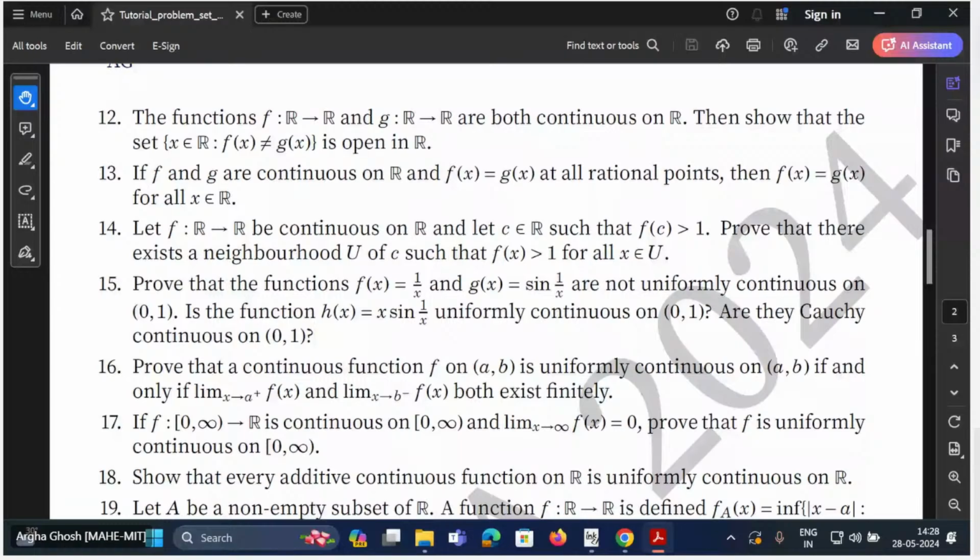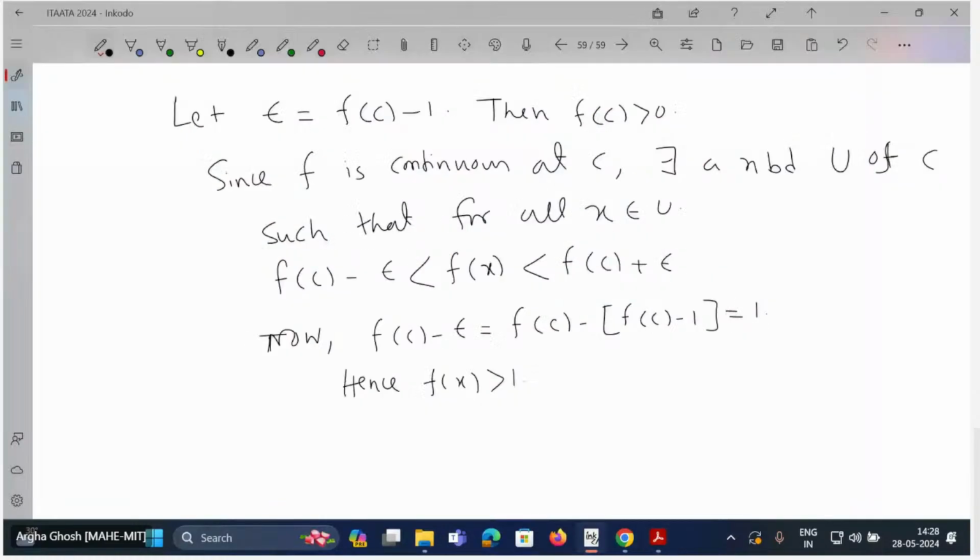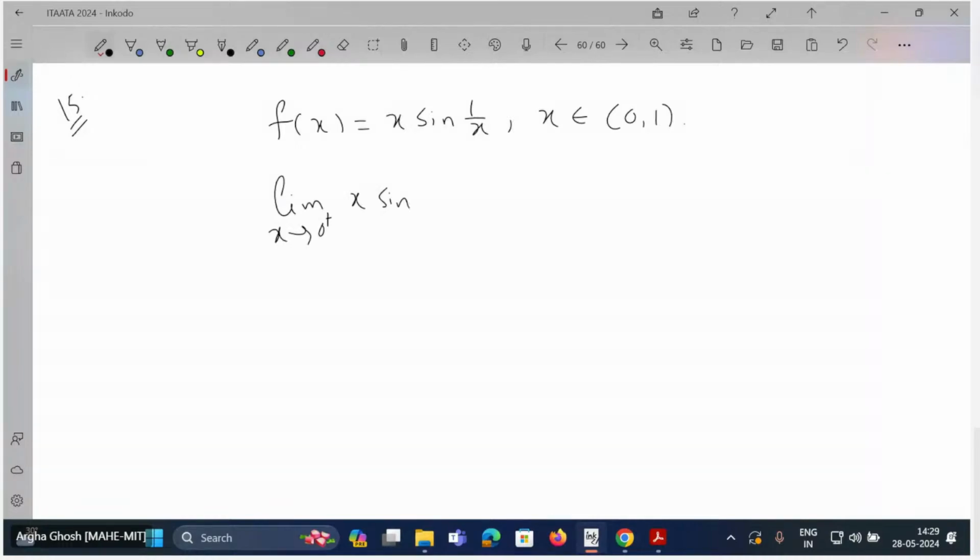If this right hand limit and left hand limit exist, then the function will be uniformly continuous on (0, 1). So question number 15, we are solving using question number 16. We have f of x equals x sin 1 by x on the open interval (0, 1). Now what about the limit as x tends to 0 plus of x sin 1 by x?